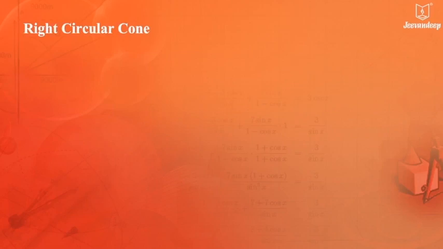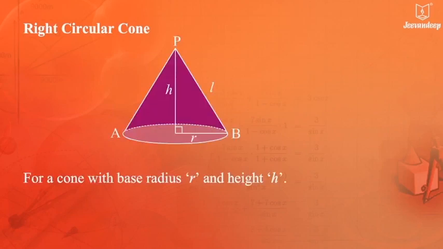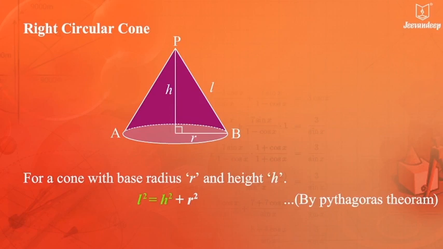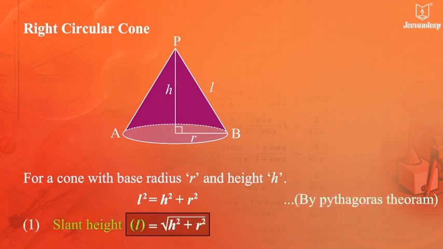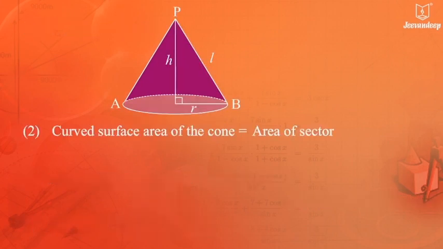Right circular cone. For a cone with base radius r and height h, L square equals h square plus r square by Pythagoras theorem. 1. Slant height represented by L equals square root of h square plus r square. 2.